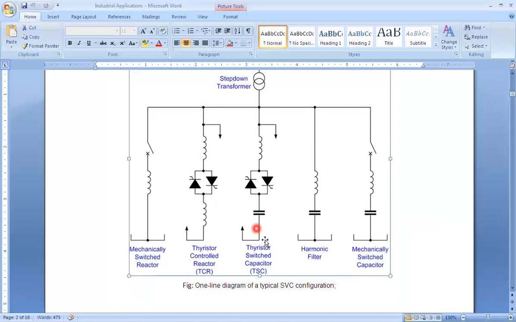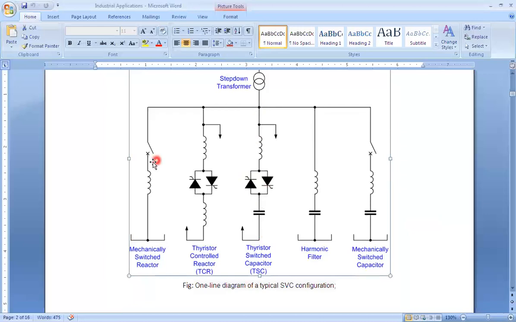load. Similarly, this is the thyristor switched capacitor, TSC. Here a high capacitive element is connected with back-to-back thyristors, and this combination is connected at this point, so that by triggering the thyristors from alpha equal to 0 to 180, we are providing the capacitive element at this point.